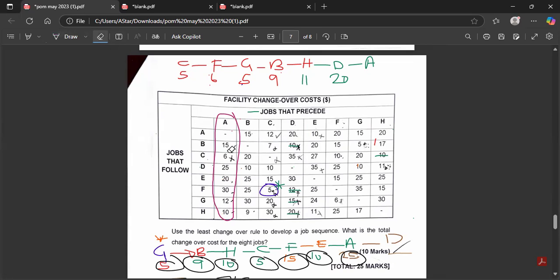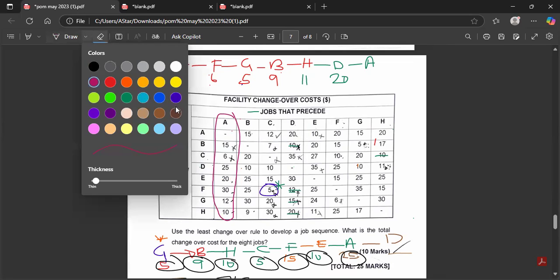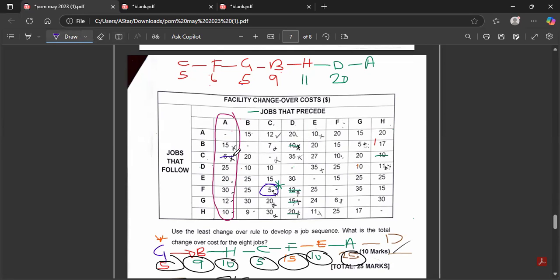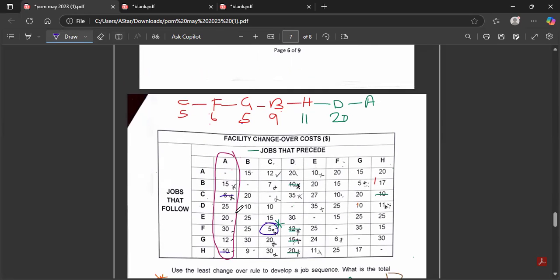First, let me erase this. I start canceling. This guy is taken. Then which other one? 10 is taken. Then H is taken, but it has been worked on, in fact. B is taken for 15.